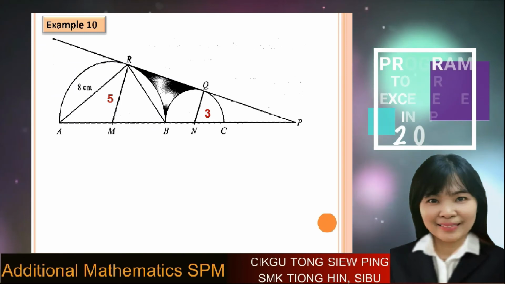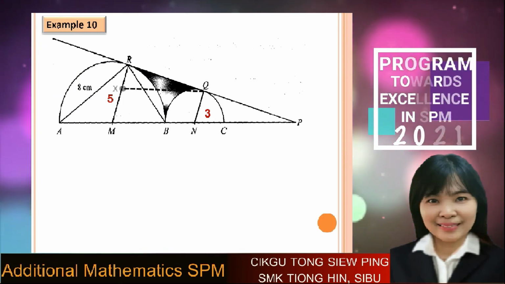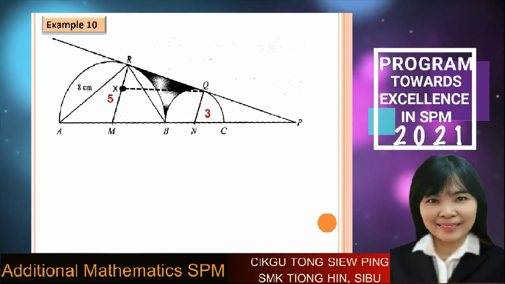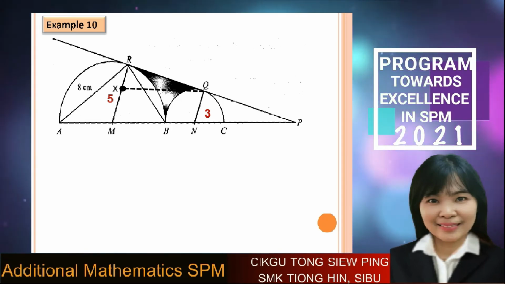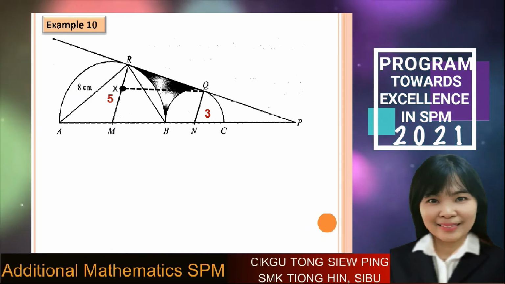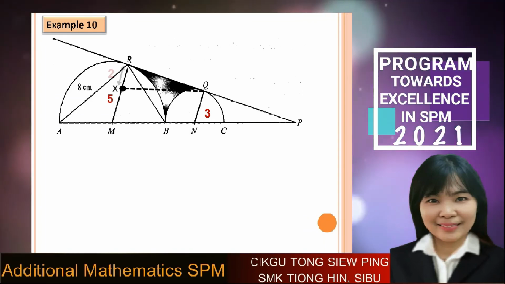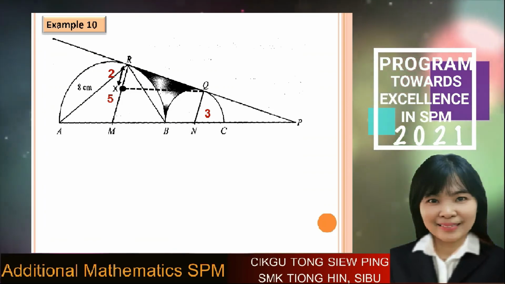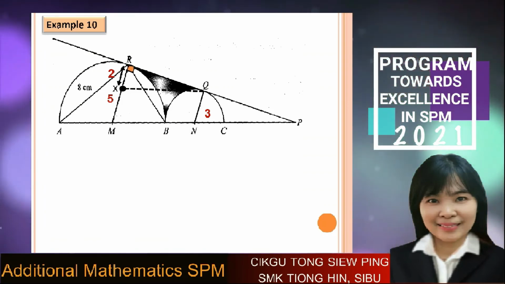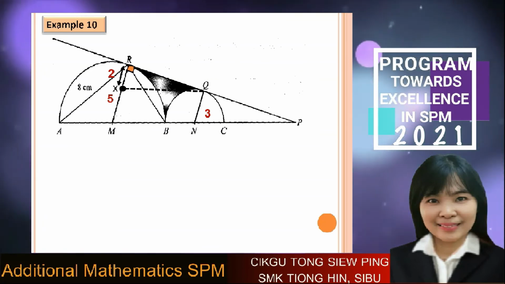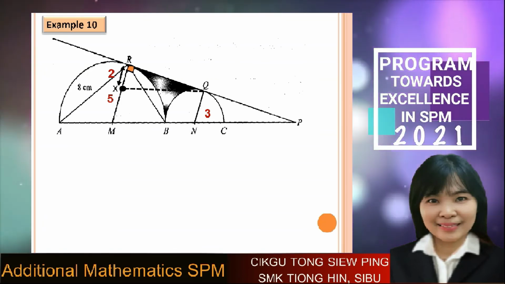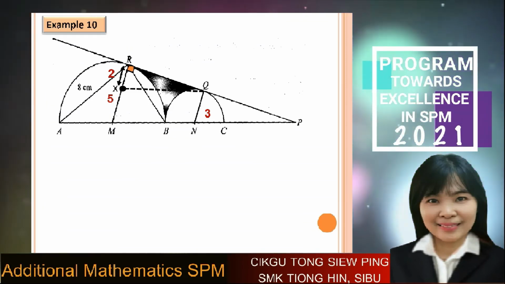Then I draw a straight line QS that is parallel to MN. Since the length of QN is 3, RM is 5, therefore the length of RS is equal to 5 subtract 3, that is 2. And the angle SRQ is equal to 90 degrees because the angle between the radius and the tangent RQP is always 90 degrees.